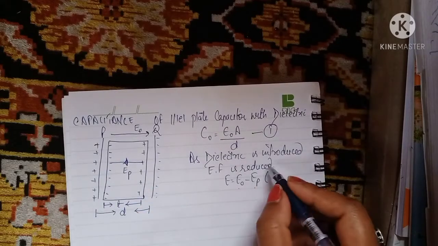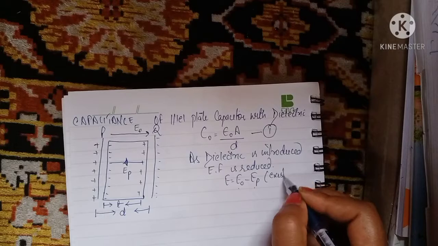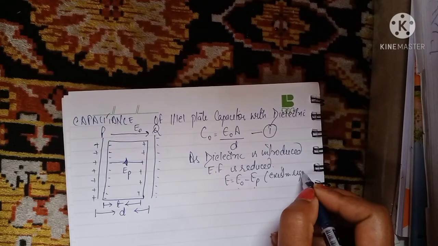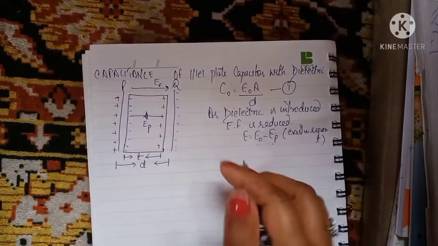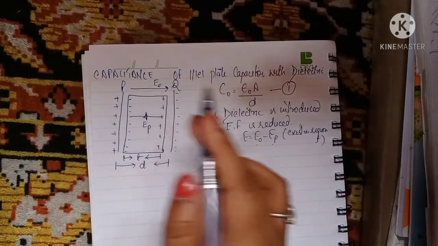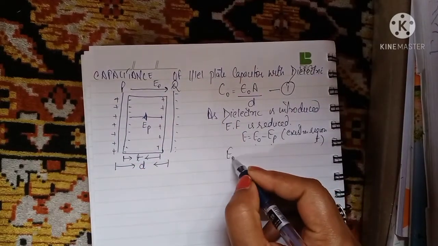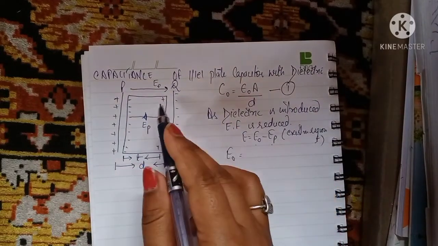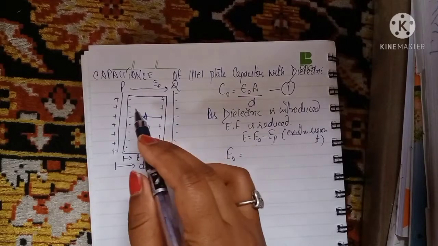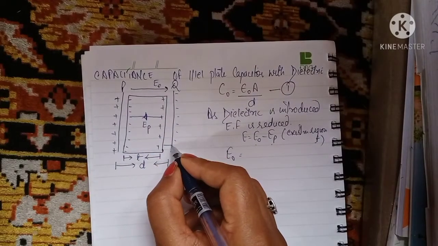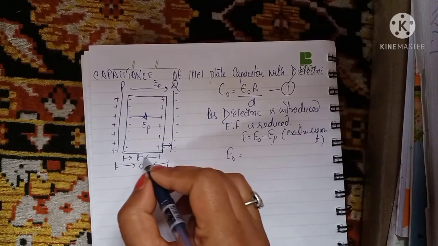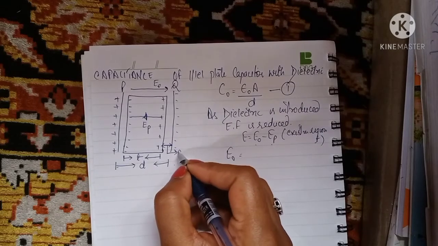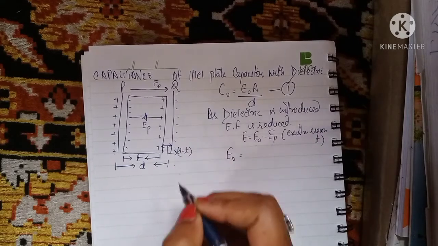This will exist inside the dielectric, in the region having thickness T. Whereas E naught, the applied electric field, exists in the remaining portion, because you have already inserted the dielectric there. How much is this portion? The whole is D and this one is T, so this will be D minus T.